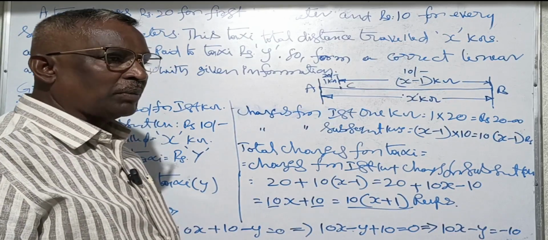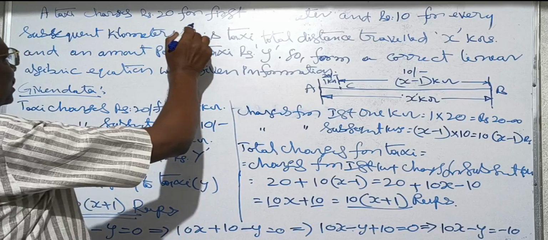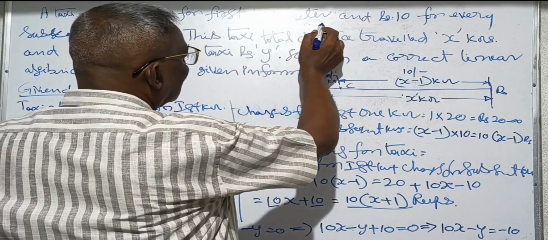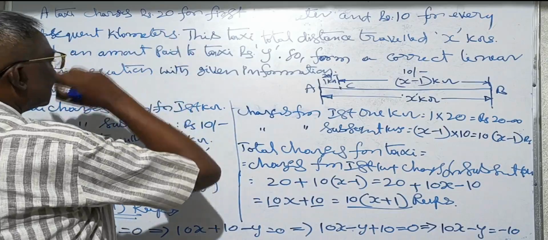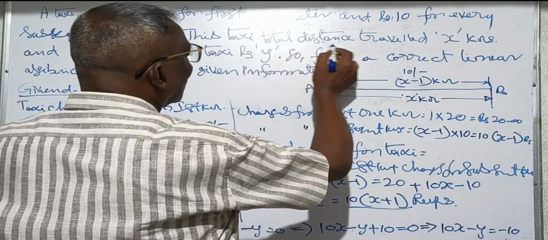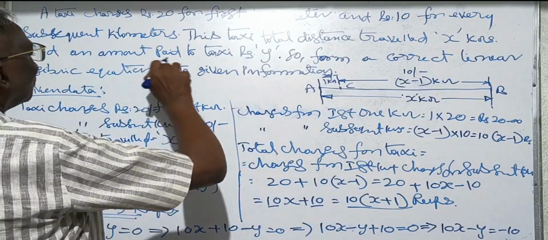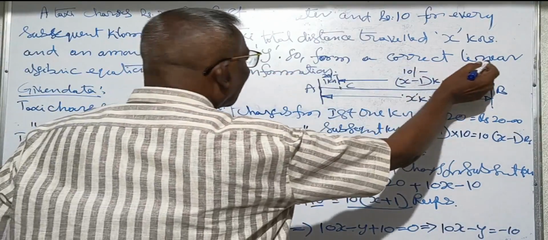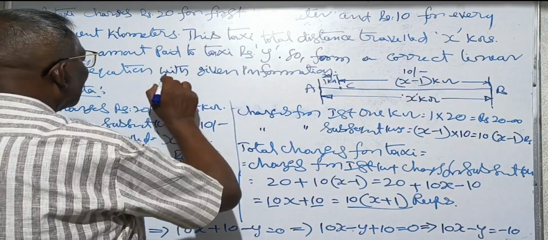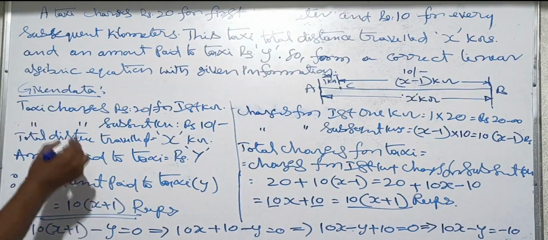Okay friends, I am repeating again. A taxi charges rupees 20 for the first kilometer and rupees 10 for every subsequent kilometer. The taxi's total distance travelled is x kilometers and the amount paid to the taxi is rupees y. Form a correct linear algebraic equation with the given information.